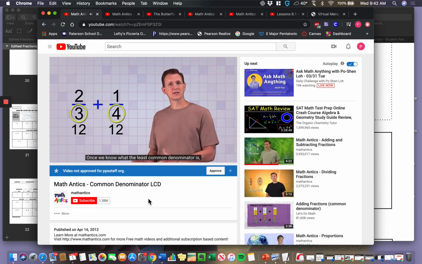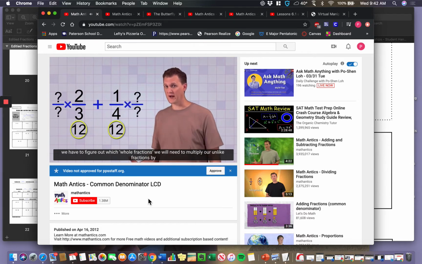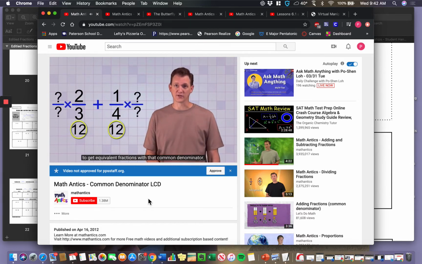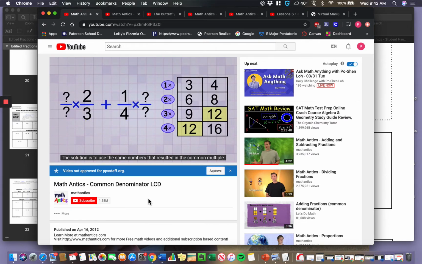Once we know what the least common denominator is, we have to figure out which whole fractions we'll need to multiply our unlike fractions by to get equivalent fractions with that common denominator. The solution is to use the same numbers that resulted in the common multiple. For example, if you multiplied by 4 to get the common multiple for the first unlike fraction, then you'll use 4 over 4 as your whole fraction.